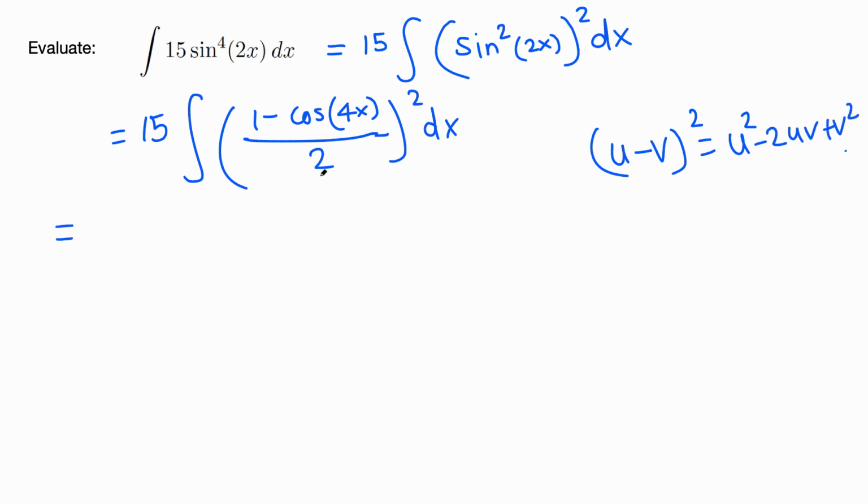This 2 squared on the bottom, 4, I'm gonna pull that outside. So 15 over 4, and multiply 1 minus cosine 4x by itself. You're gonna get 1 minus 2 times 1 times cosine 4x plus cosine squared 4x.